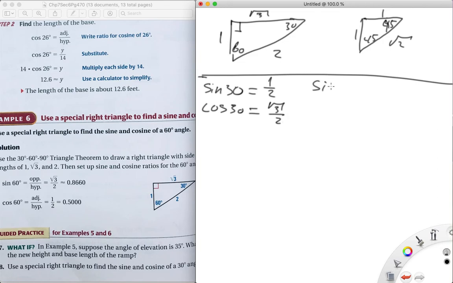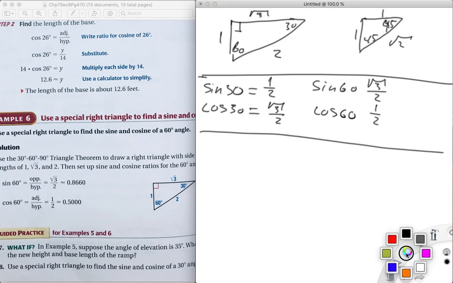Sine of 60 and cosine of 60: sine of 60 is opposite over hypotenuse, which is square root of 3 over 2, and cosine of 60 is 1/2. Notice sine of 30 is the same thing as cosine of 60, and cosine of 30 is the same thing as sine of 60.